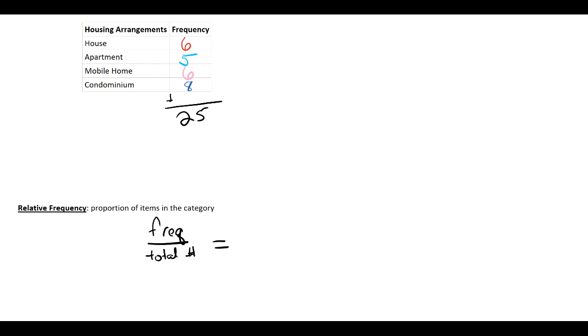So that should be our total number, N. And then our frequency, we tend to use the letter F for frequency. So for relative frequency, we just take the frequency divided by the total number, and we usually round to 3 decimals.